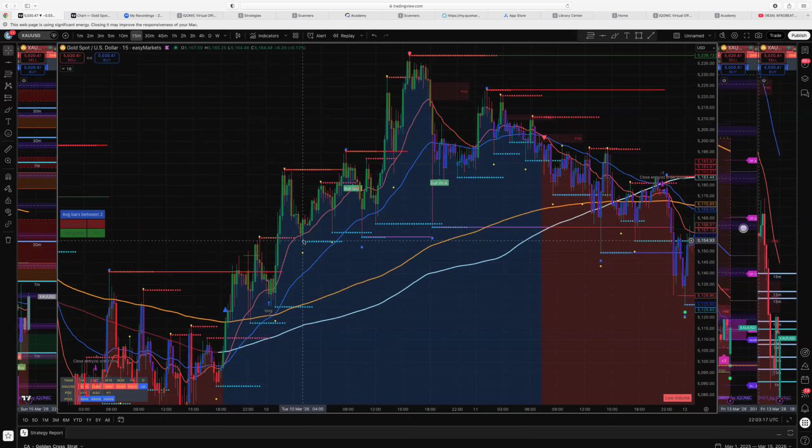Then we wait, we get back in. Another 150, wait, get back in. Another 150, wait, get back in. You see how you can make your money on your long-term trades, of course. But do you see when you're compounding all of these little moves on an uptrend as well?